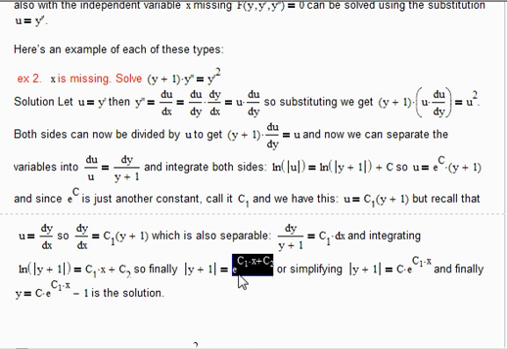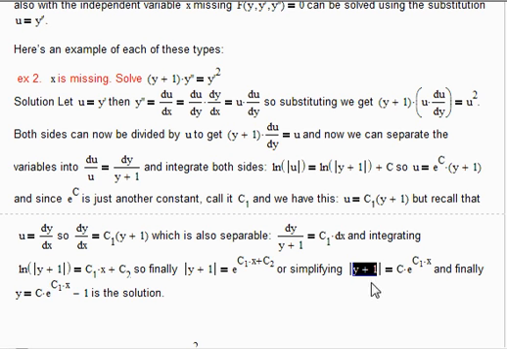We'll make e to the c2 equal this constant c, and then absolute value of y plus 1 equals this constant c times e to the c1x. Since c is an arbitrary constant, that takes care of the absolute value around the y plus 1.